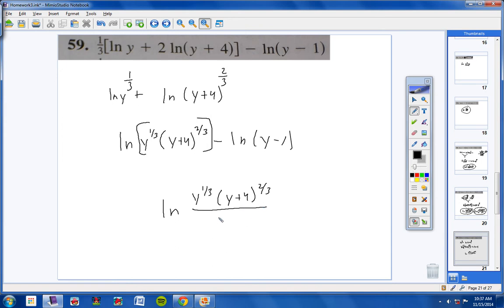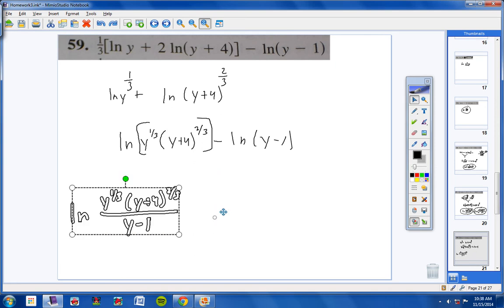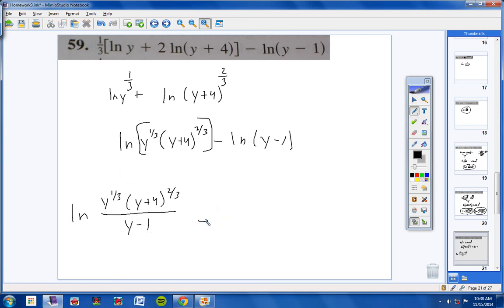y minus 1. Now notice, students, your numerator here, the whole top of your argument, has a 3 here and a 3 here. So I would really like you to learn to do stuff like this. I would write the numerator like this.